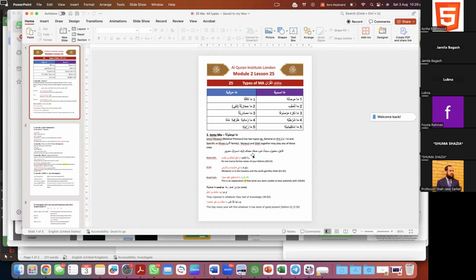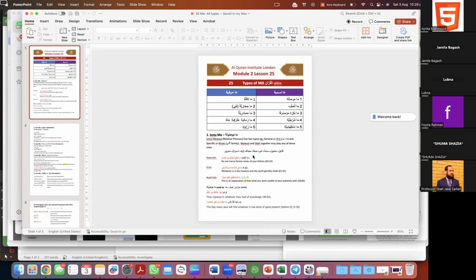Alhamdulillah, we are going to start our next new lesson, which is lesson 25, different types of ma. As we indicated earlier, this is one of the very crucial aspects of Quranic Arabic grammar.